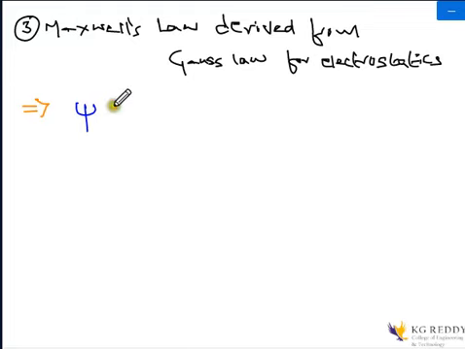For that, the electric flux can be written as the integration of D bar dot dS, both being vectors. The electric flux coming out of the surface is equal to the charge enclosed within the surface, and this is given as the integration of D bar dot dS over a closed surface.